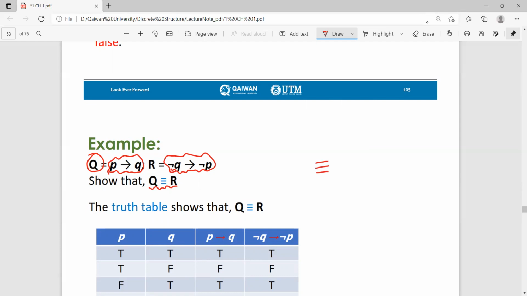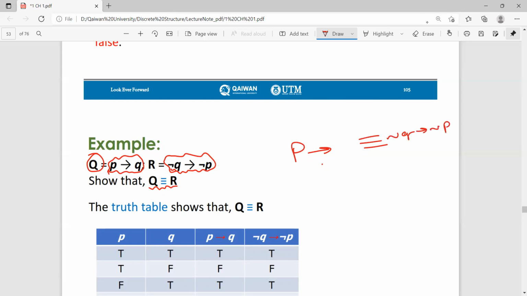Yeah, we use this for equivalence. We must show that P then Q is equivalent to negation Q then negation P.